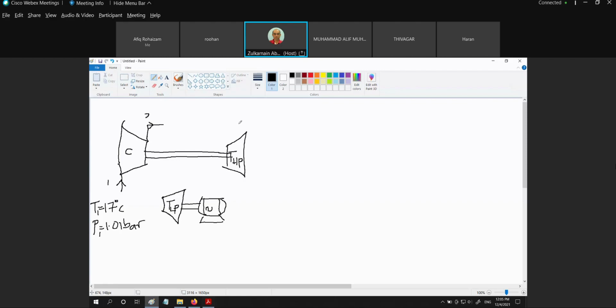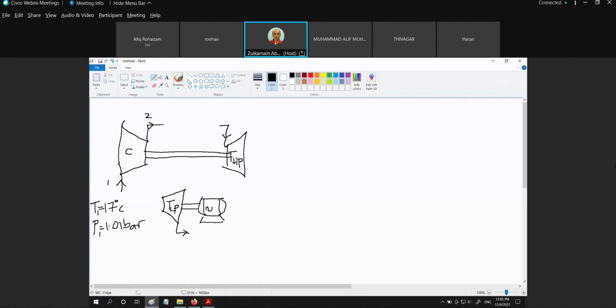Okay? And again, the maximum pressure should be the inlet of the first turbine. And the minimum pressure should be the outlet of the last turbine.